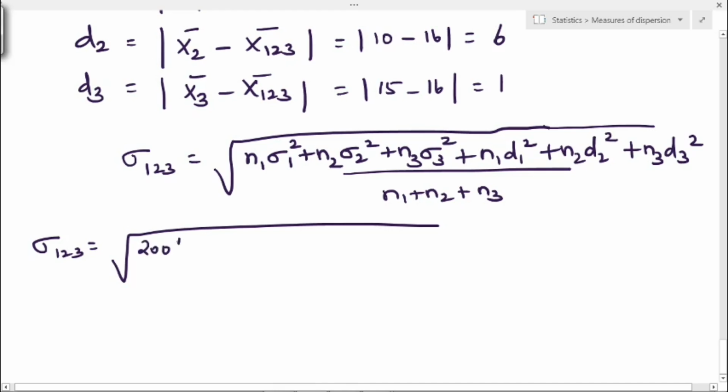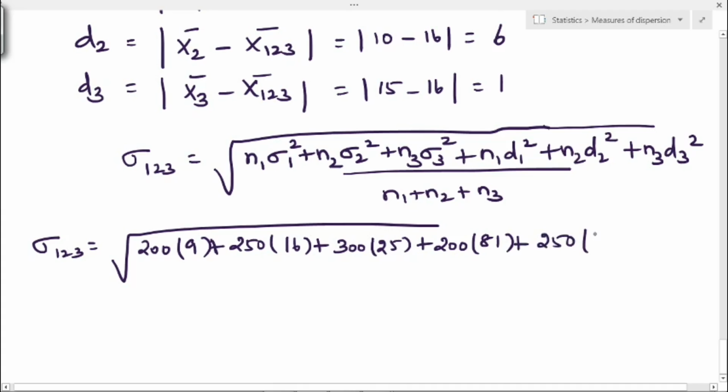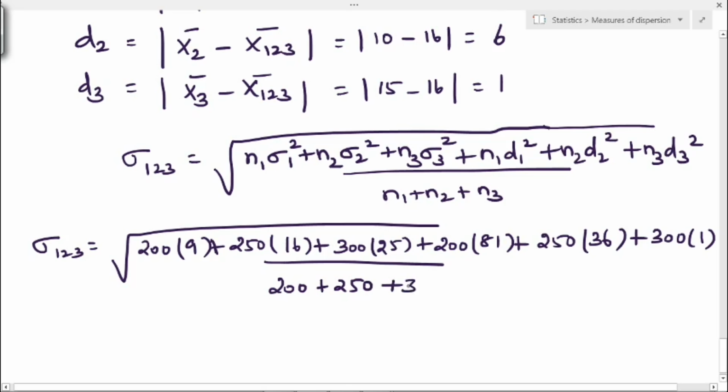Now substitute all the values in the formula. N1 is 200 and sigma 1 square is 9, plus n2 is 250, sigma 2 square is 16, plus n3, that is 300, sigma 3 square is 25, plus n1 is 200, d1 square, d1 is 9, so 9 square is 81, plus n2 is 250, d2 square, that is 6 square, 36, plus n3 is 300 into 1 square, that is 1, divided by 200 plus 250 plus 300.